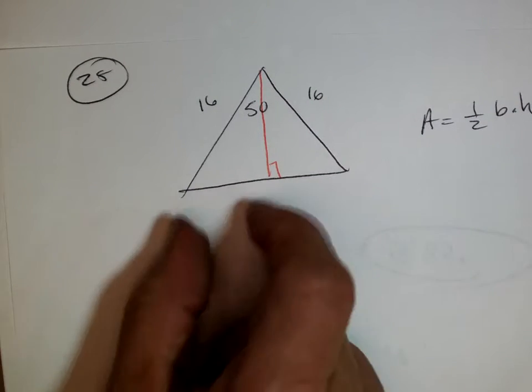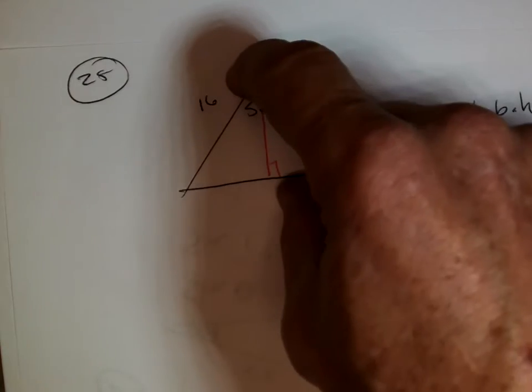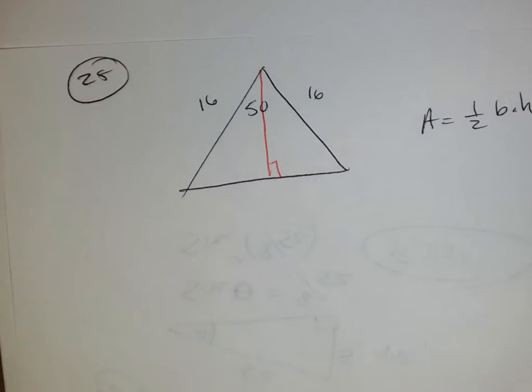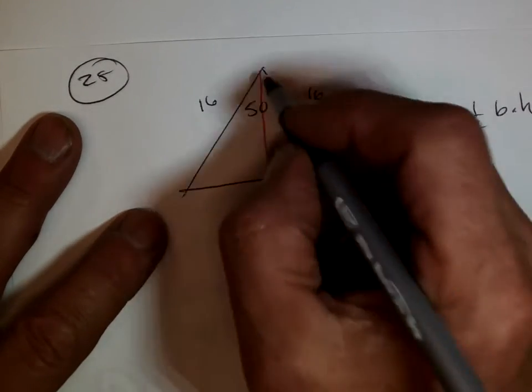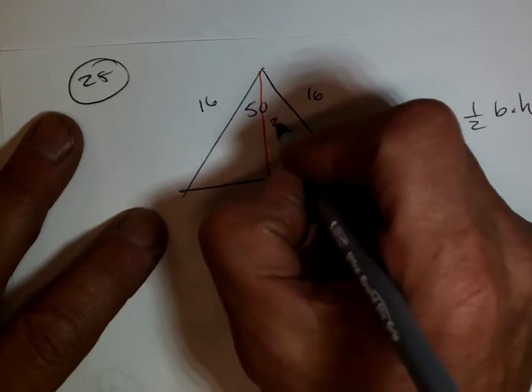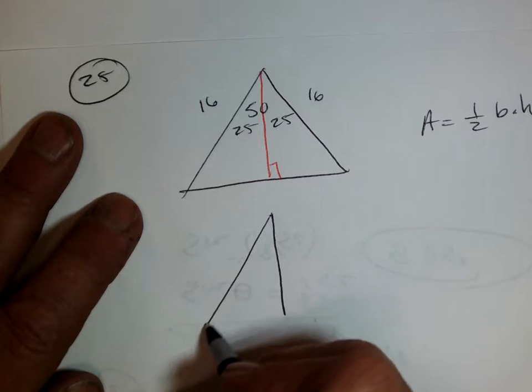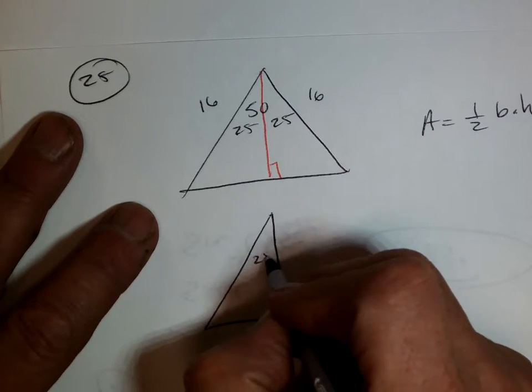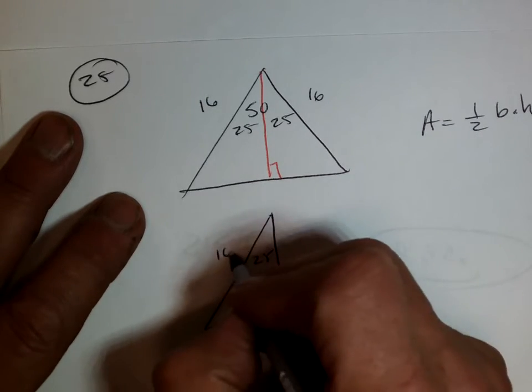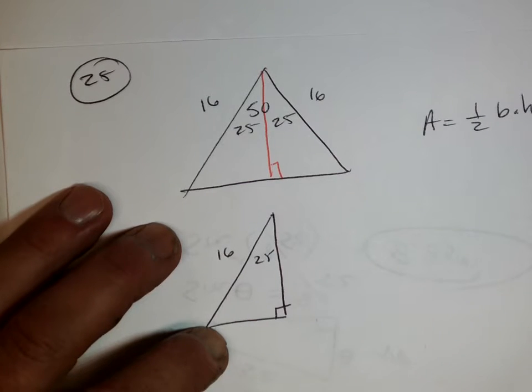We'll find the base, and then we'll find the height, and we'll find the area. Okay, so first of all, if this is 50, I just cut it in half. So I got 25, 25. So I'm going to go ahead and redraw that triangle. So this is 25. This is 16. And if that's 25, let's see what's 90 minus 25.